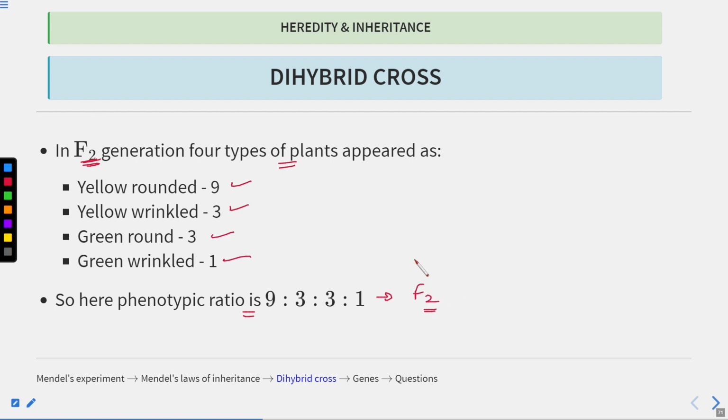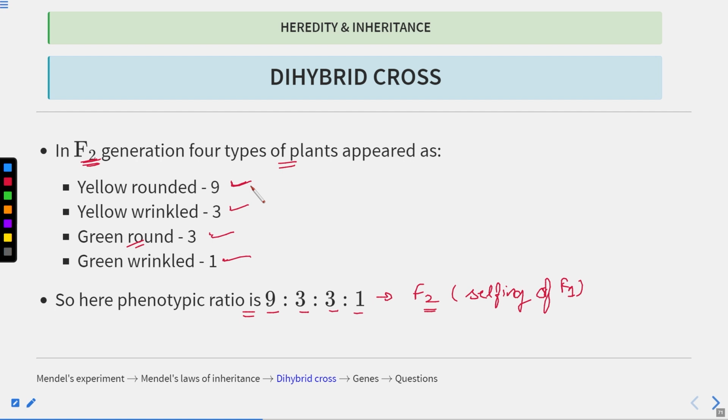And the F2 generation is obtained by selfing of the F1. The phenotypic ratio is 9:3:3:1. 9 are yellow round, 3 are yellow wrinkled, 3 are green and round, and 1 is green wrinkled.